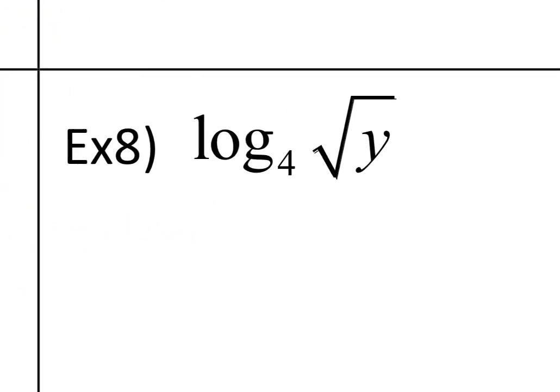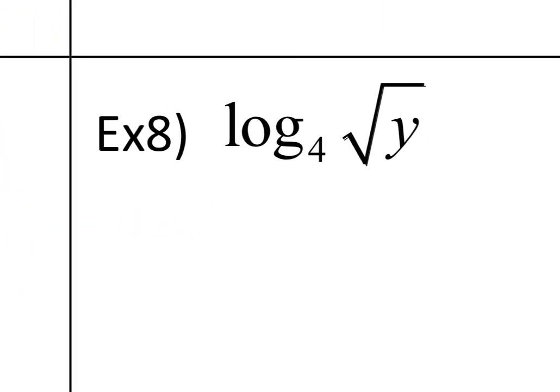And number 8, I am going to rewrite the argument of square root of y as an exponent instead of the radical. So I'm going to rewrite this. I won't be done yet with this first step. There's going to be another step.